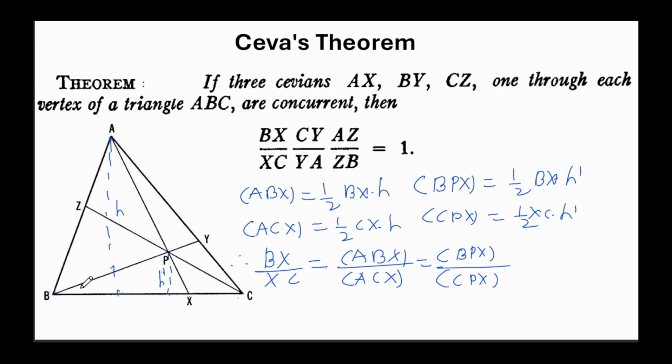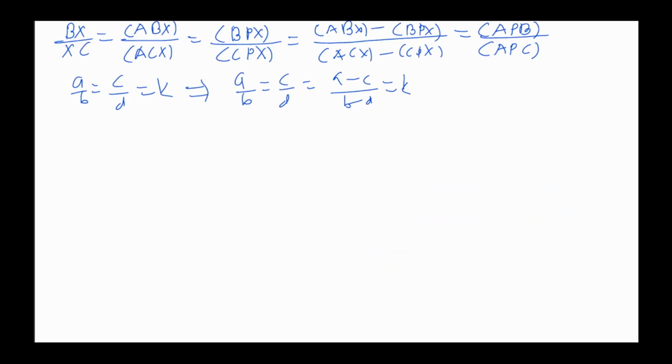So this means we are getting BX upon XC is equal to the area of this triangle upon the area of this other triangle, excluding this area for BX and excluding this one for CX. So BX upon XC is equal to area APB divided by area APC.